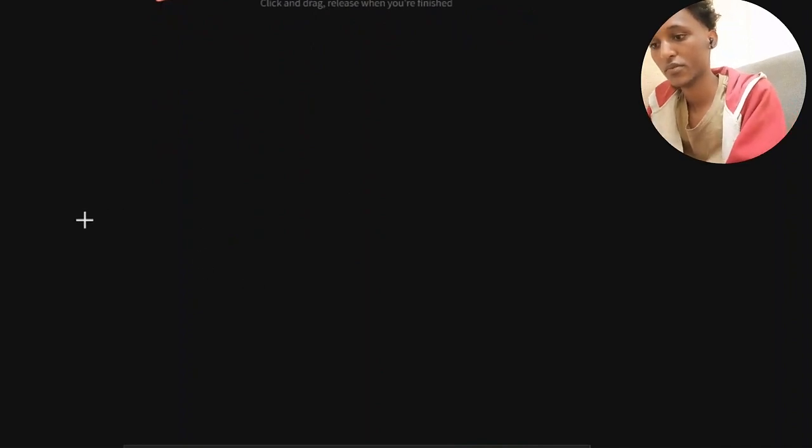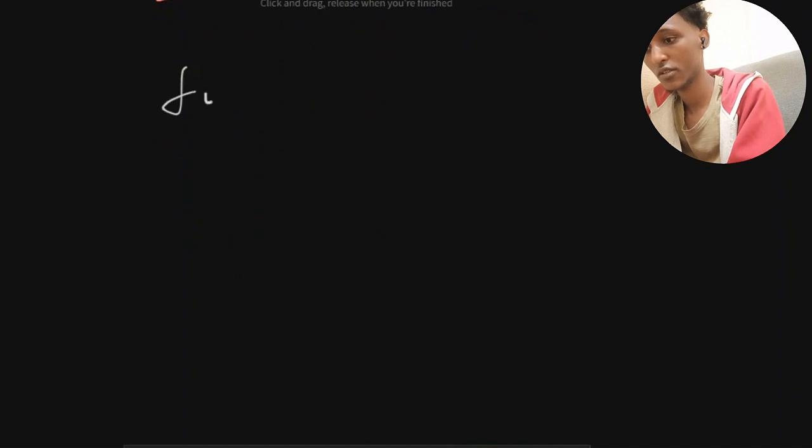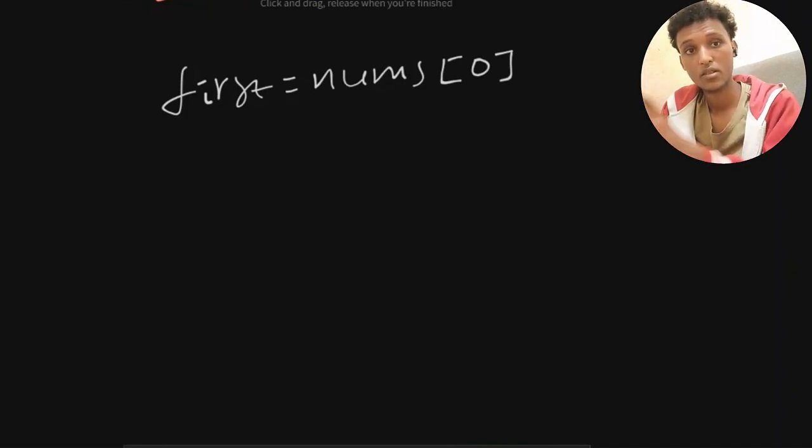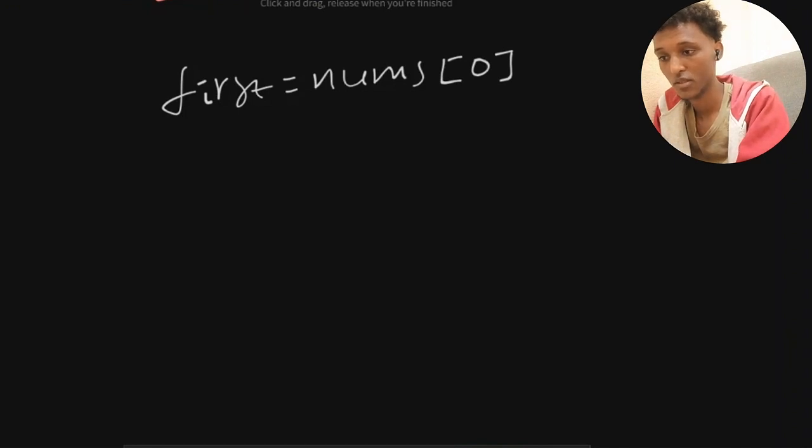So first of all, we are sure that the first element is within our array, right? So first element is equal to nums of 0. We need to keep this one, and we need to sort the elements of the array starting from index 1 to the last one.